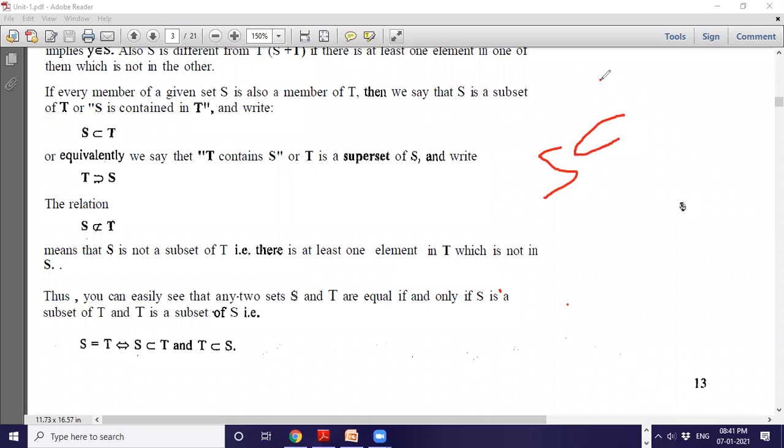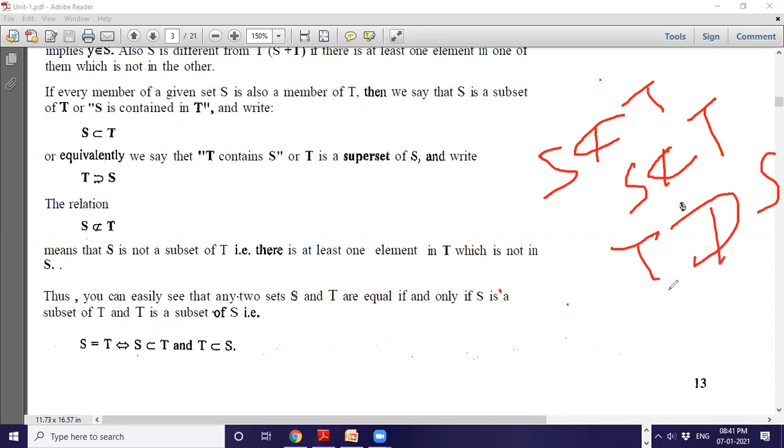You will write like this. ठीक है, S is not a subset of T, और T is not a superset of S, तो उसको भी हम ऐसे लिख सकते हैं, we can write like this, so T is not a superset of S. ठीक है, okay.